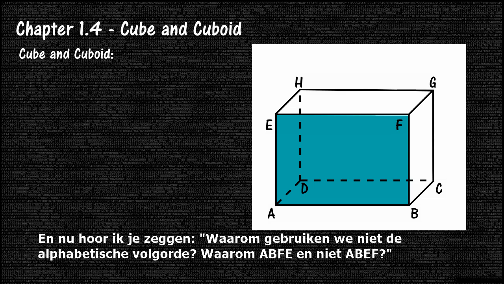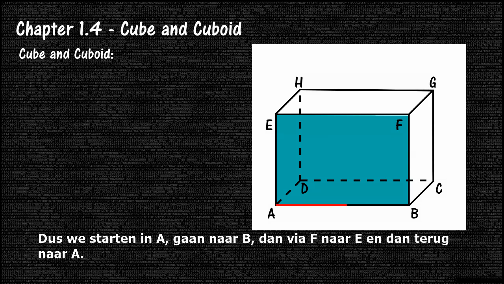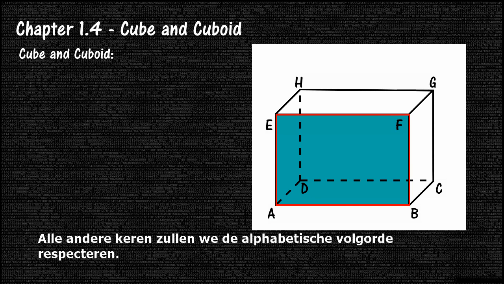I know what you're trying to say, but what about the alphabetical order? Why is it ABFE and not ABEF? That's because we use the edges to go from one point to another. So from A to B to F to E and back to A. All the other times we will be respecting the alphabetical order.